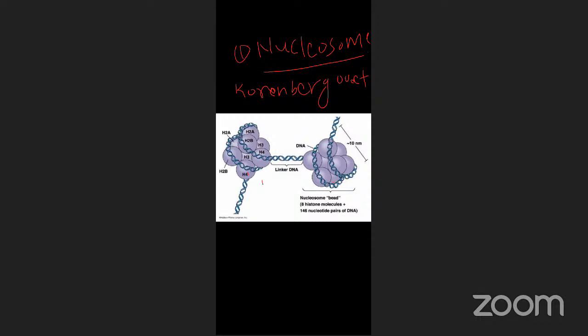Already told you H1, H2A, H2B, H3, H4, 5. But here H1 is single, and the rest, that means H2A, H2B, H3, H4, form the octa. What is octa? 8.